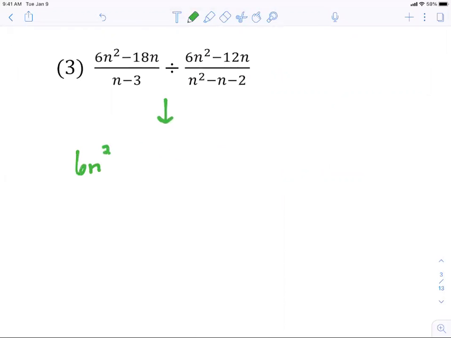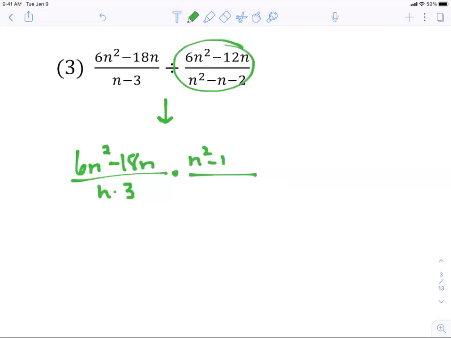The 6n squared minus 18n all over n minus 3. Instead of dividing by this fraction right here, what we're going to do is we multiply by the reciprocal. The numerator becomes the denominator, and the denominator becomes the numerator. And now we're right back where we were before.